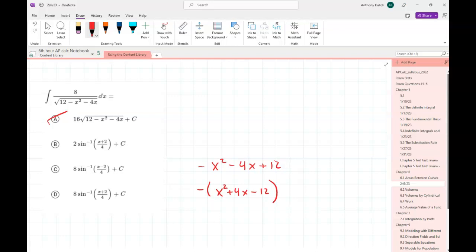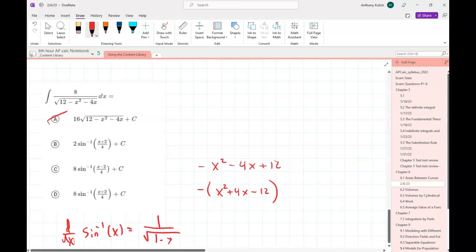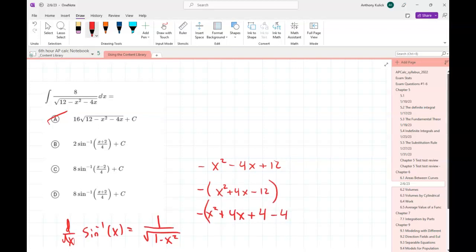What I'm really going to be doing, because I know that I have to have 1 minus x squared there, I know that I have to keep that negative sign. So I'm going to have 4x plus 4, and then minus 4. And then I'm just going to boot the negative 12 out.